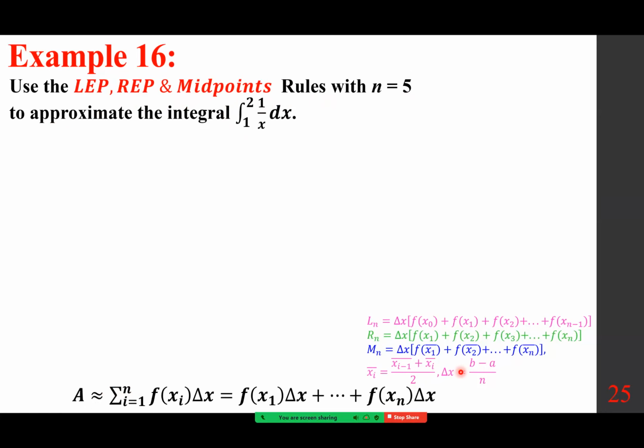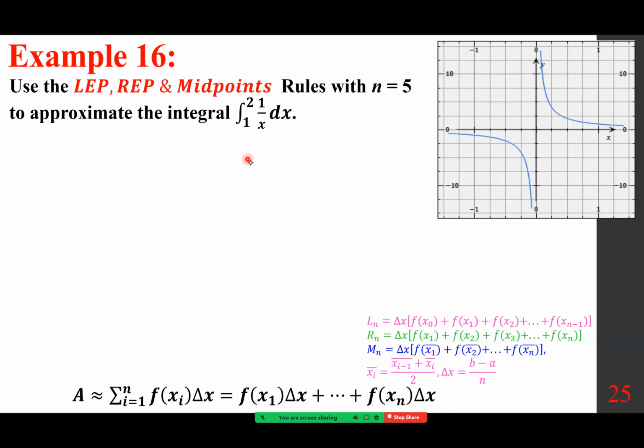You need to know your function. Your function is 1 over x. A is 1, B is 2. Delta x is B minus A over n, 2 minus 1 over 5.